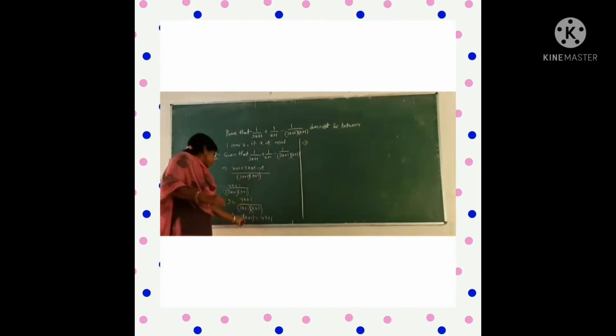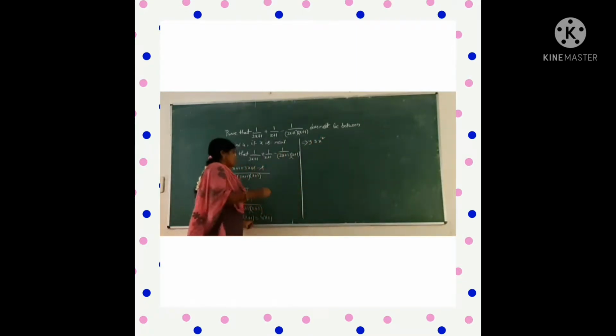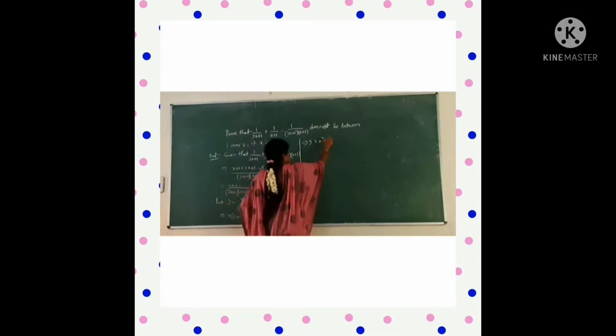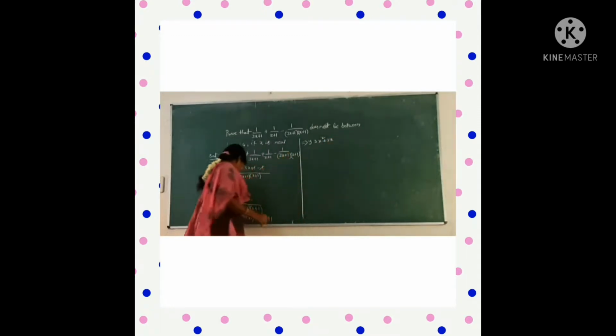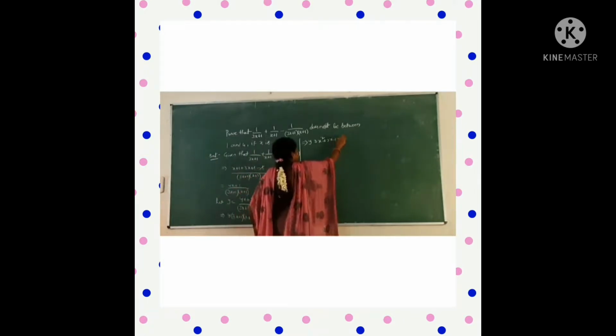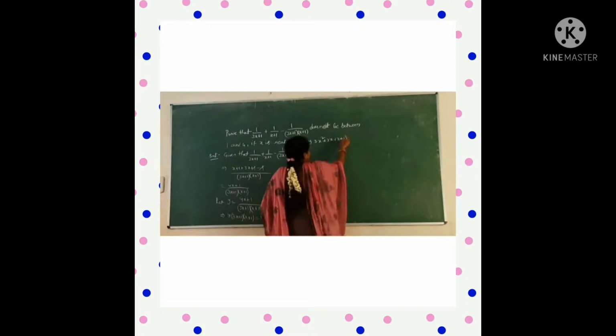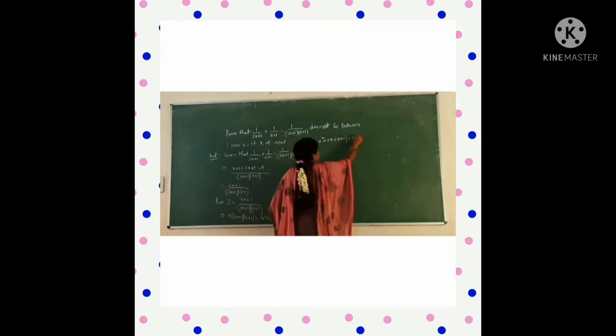That's why here 3x into x, 3x square, plus 3x into 1, 3x, and 1 into x, plus x, plus 1 into 1, 1. Okay, that is equal to 4x plus 1.